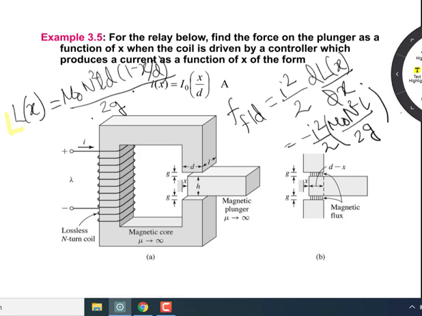Alright. However, here your current is not constant, your current is also a function of x.